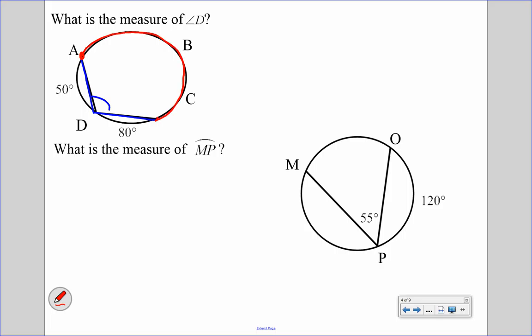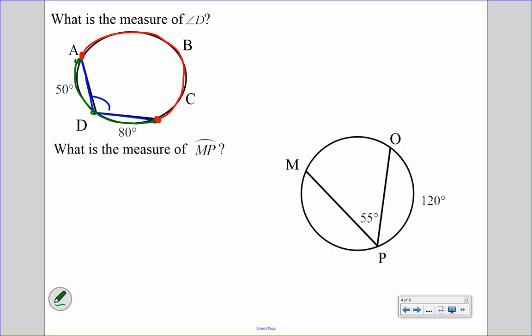But we don't have this arc. All we have is this arc right here, which is 50, and this arc right here, which is 80.